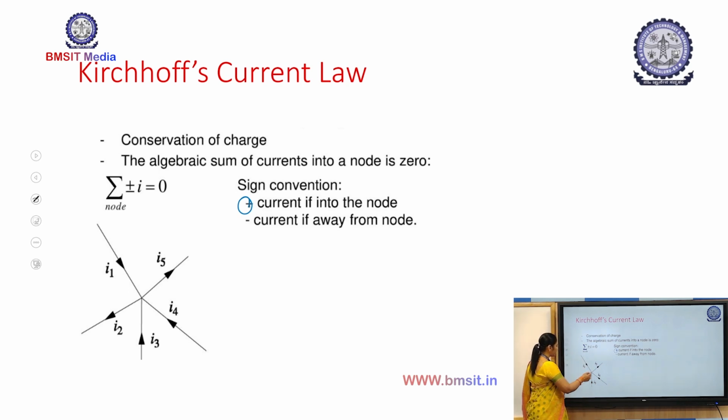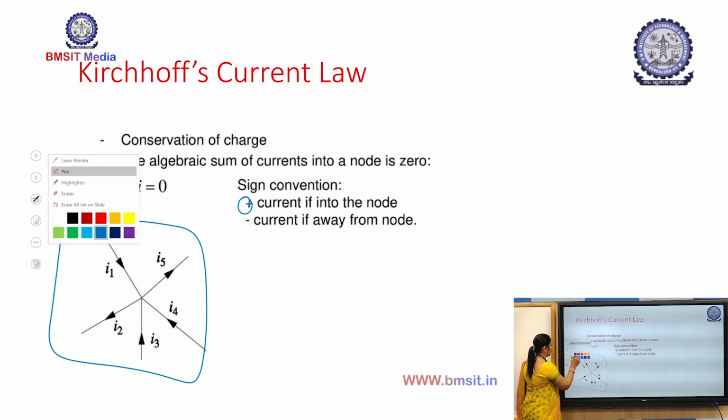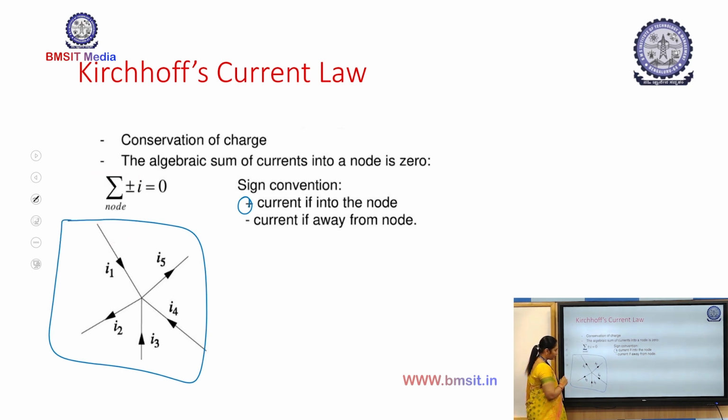So when we see this picture, what are the currents which are coming into the node? This is the node. This is entering the node, this is also entering the node, and these are leaving the node.